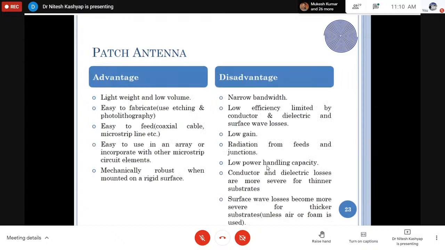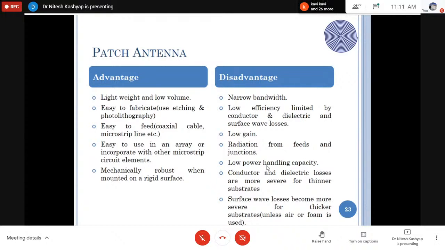The patch antenna advantages and disadvantages: it is lightweight and low volume, easy to fabricate, and easy to feed, and there are several feeding techniques to feed the antenna. Mainly we use the coaxial cable and the microstrip line to feed it. And it is easy to use in an array or incorporate with other microstrip circuit elements.